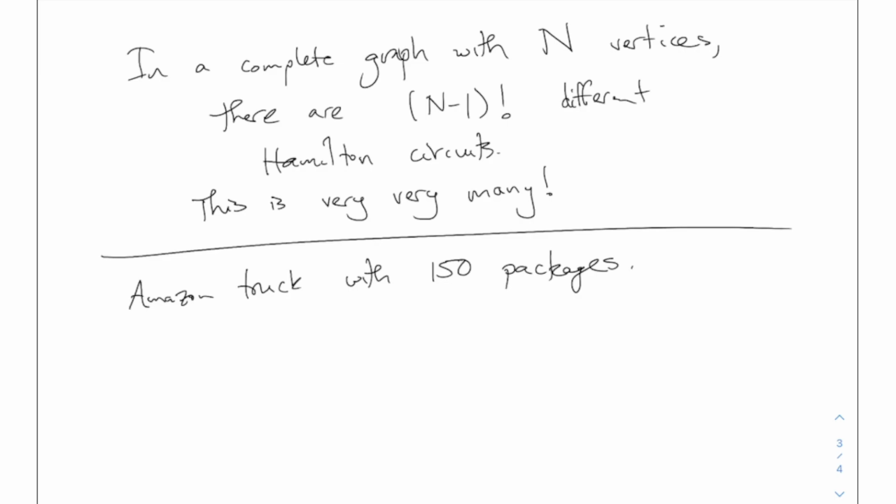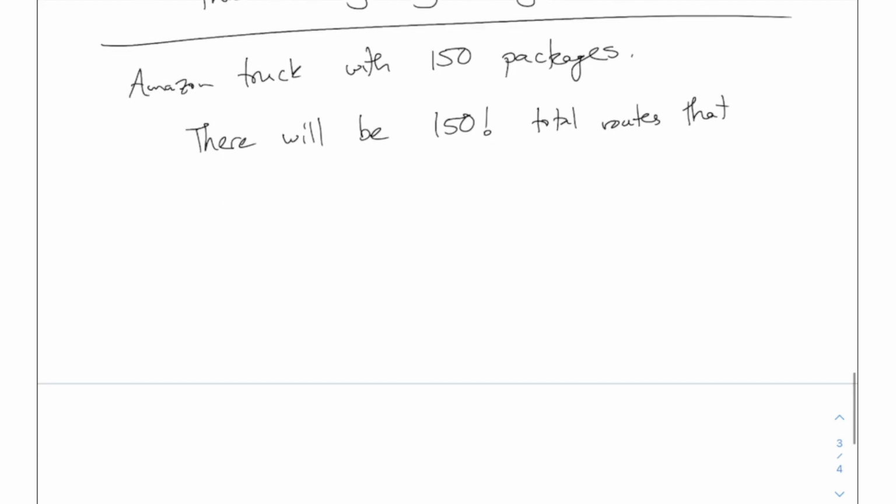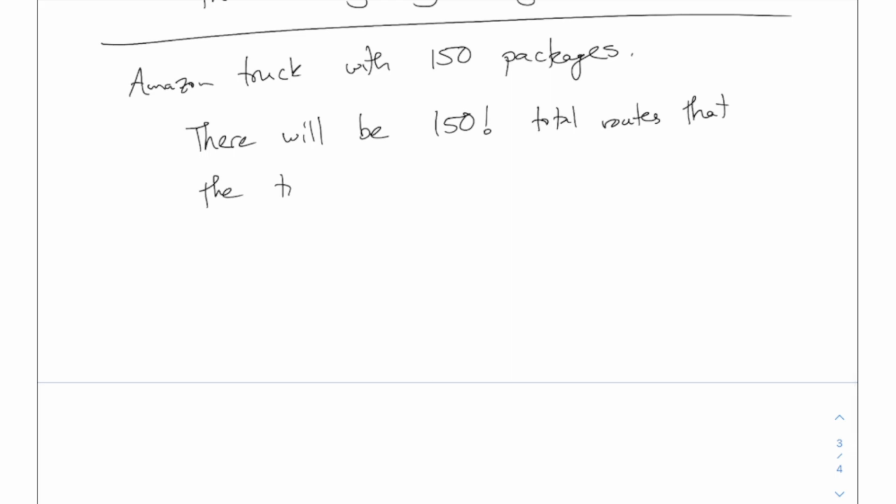How many total routes are there that the truck could go? There will be 150 factorial total routes that the truck could choose from. And this is a very big number.